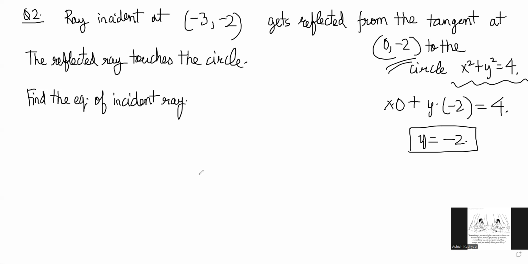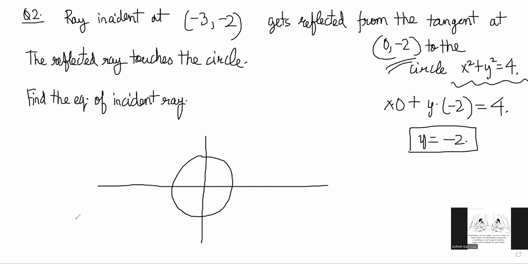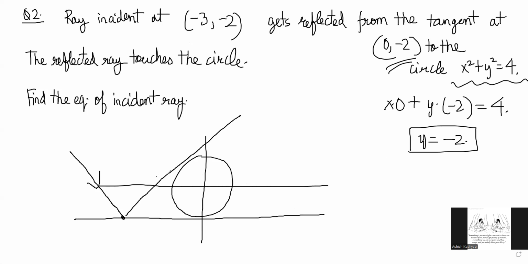So let's draw a rough figure. The circle is like this. The line y equal to -2 is this. And the ray is incident at (-3, -2), somewhere here, like this, right? And the reflected ray touches the circle. That's why I have drawn it like this.